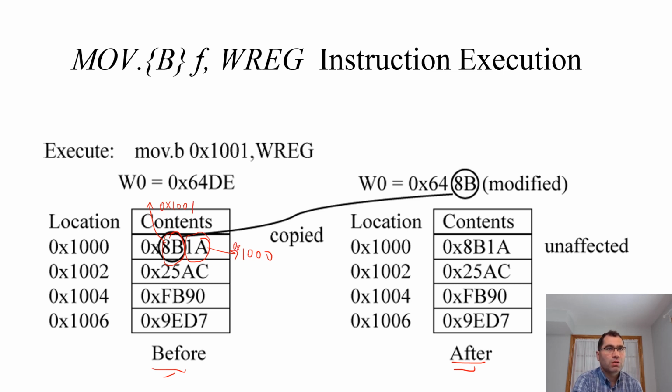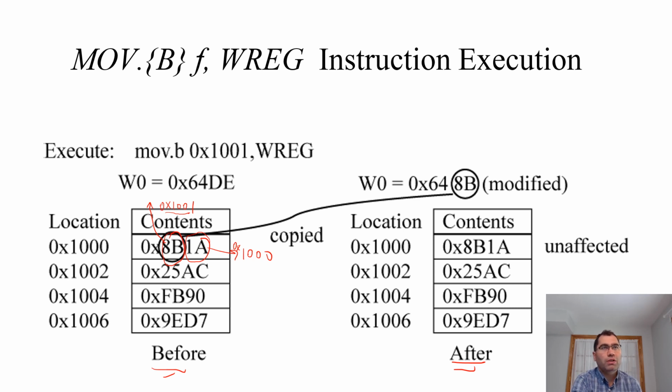Okay, so basically what we're going to do is take the value, the content of this address location, and put it into W0.